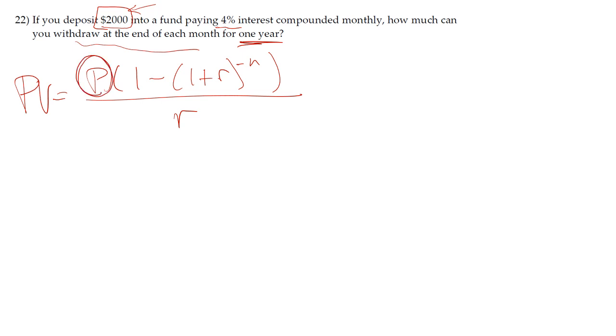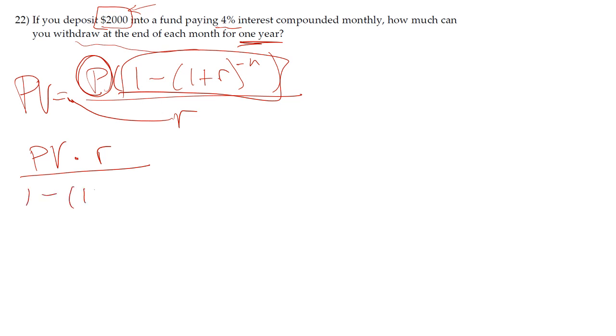What's our payment going to be? So we have to resolve this. We have P, the present value, times the rate. So multiply this to the other side, then divide by this whole thing here. You have 1 minus 1 plus R to the negative N, and that'll tell us what our payment is.